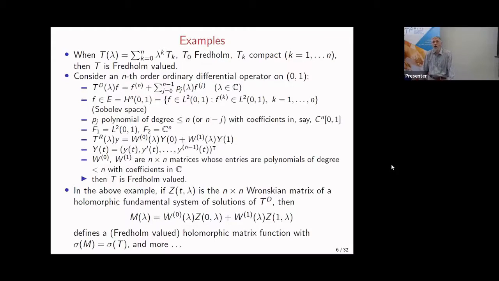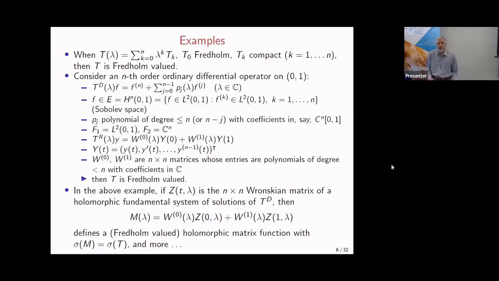Now, this defines a holomorphic matrix function, and since the M of lambdas are n by n matrices, it operates in a finite dimensional space. So it is indeed Fredholm valued and clearly holomorphic, no more polynomial, and all the spectral properties of the operator function T are already contained in the matrix function M of lambda.